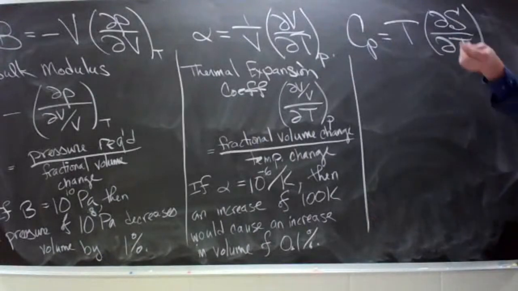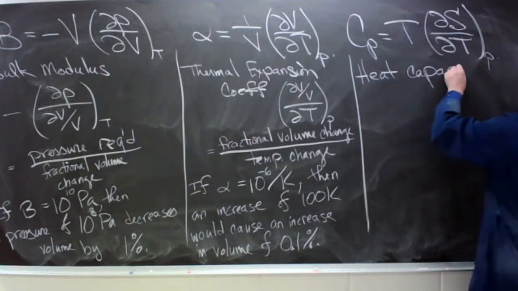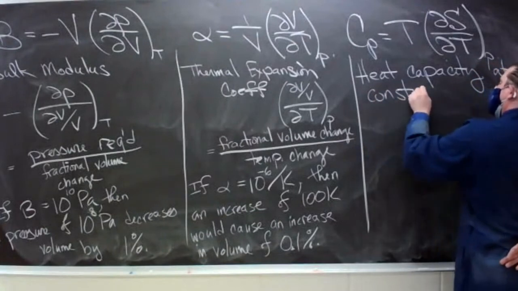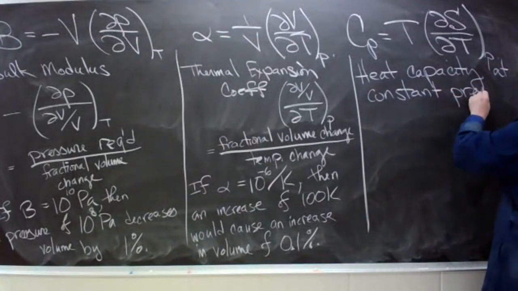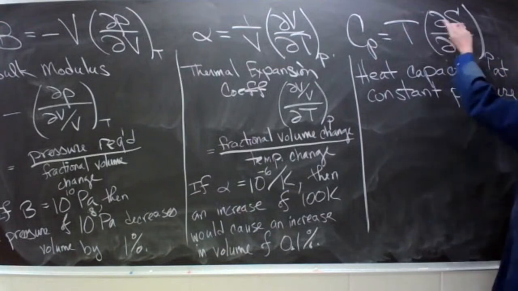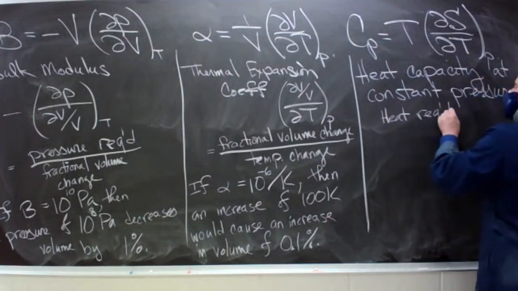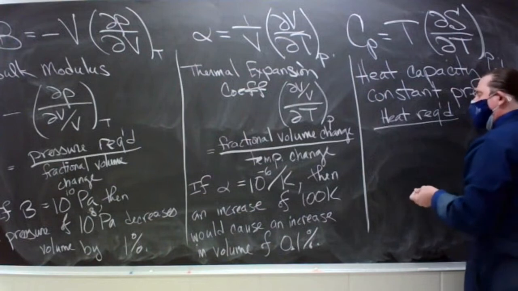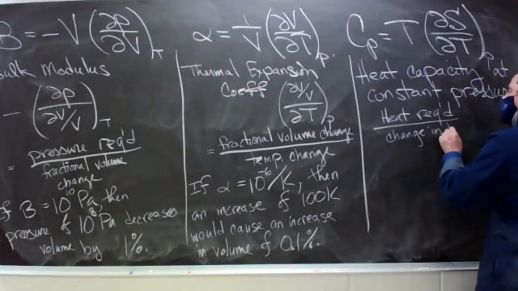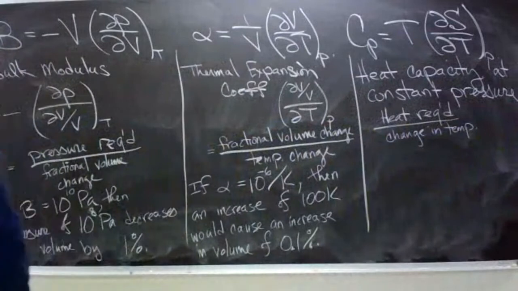And then we've got the heat capacity at constant pressure. All right, and so this is going to be the heat required per change in temperature.